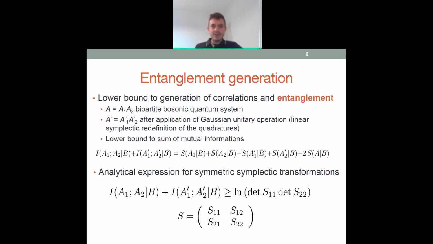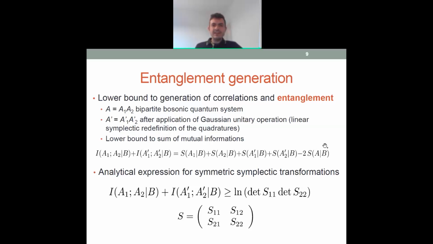So here we have a linear combination of entropies of subsystems minus the entropy of the total system. And then our inequality provides a lower bound to this quantity, and this is a lower bound to the generation of mutual information by a unitary. And when the initial state is pure, this is a lower bound to the generation of entanglement.